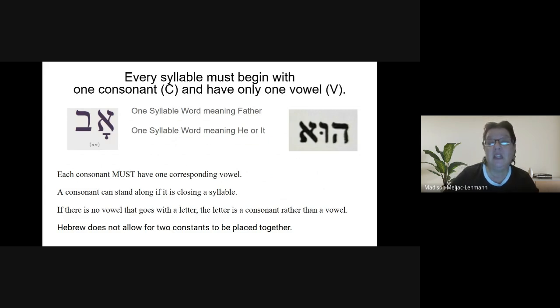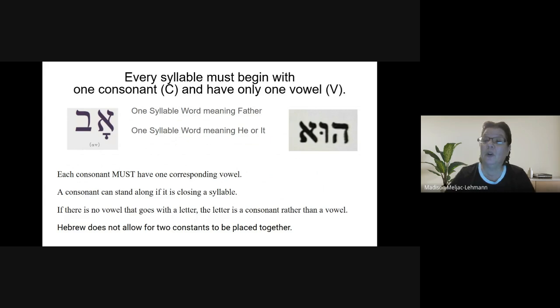Because sometimes we need a vowel there and we need something to hold it. As well as the fact that, in the old days, they did what they did, and we don't necessarily need to know exactly why they did it. But so here's Av, and that means father. Now, Aleph is a vowel holder. It doesn't matter, though. It is still a consonant. It still counts like a regular consonant.